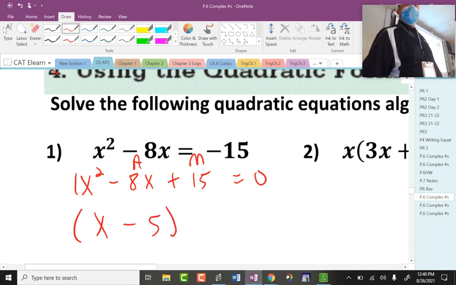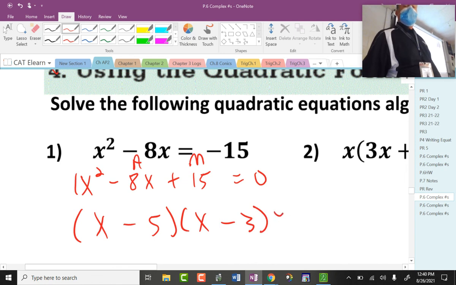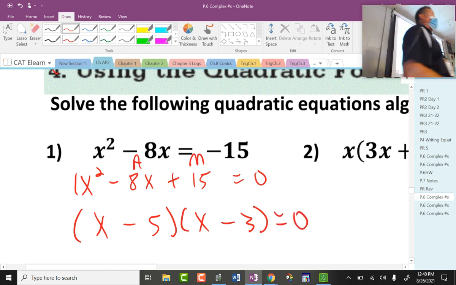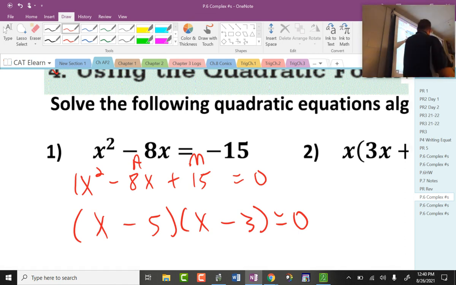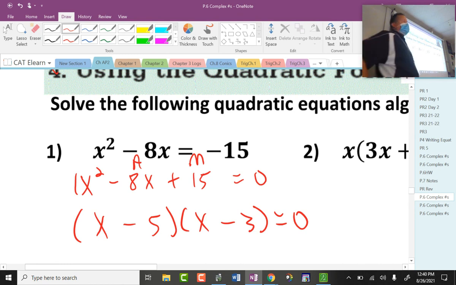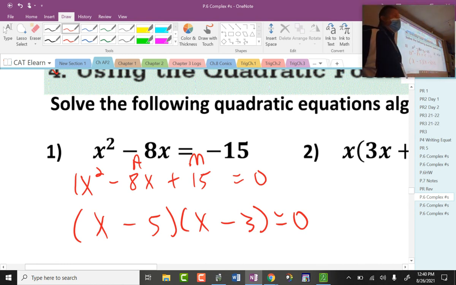Those 2 numbers you just said are what's inserted into these parentheses as 2 binomials. Because good FOILers, remember I said this, good FOILers are good factors. Hey everybody, what's x times x? X squared. Hey everybody, what's -5 times -3? Positive 15. And then look at the middle term. What's -3x and -5x? We know this is the correct factorization because when I multiply, I get the question.